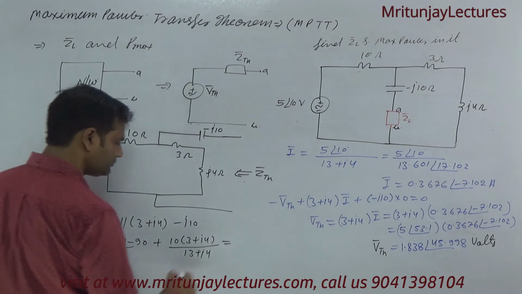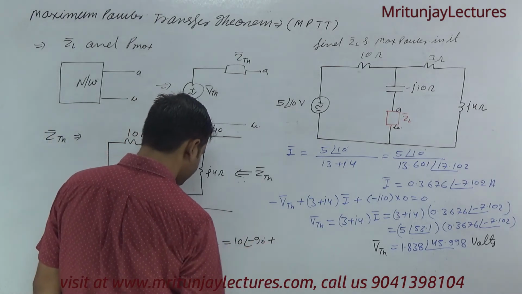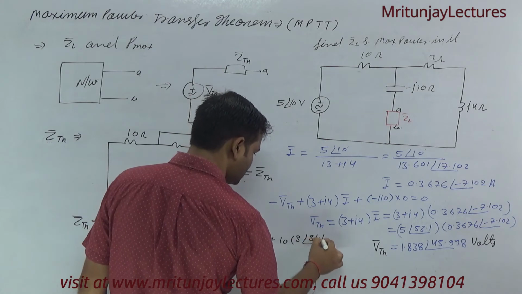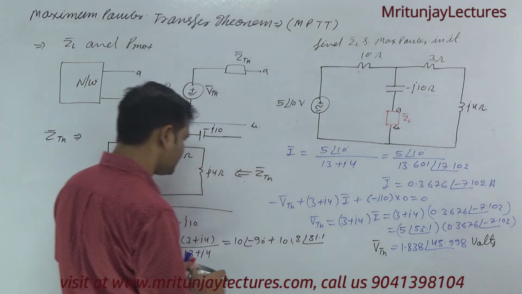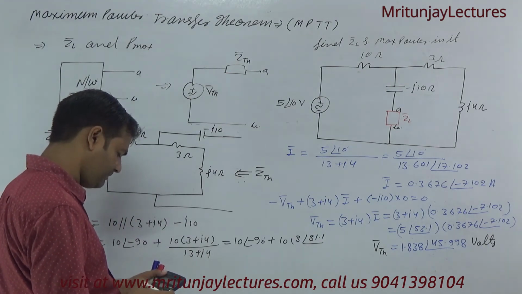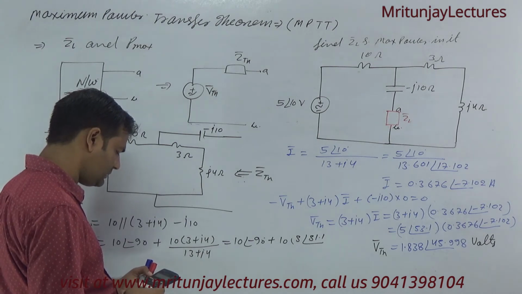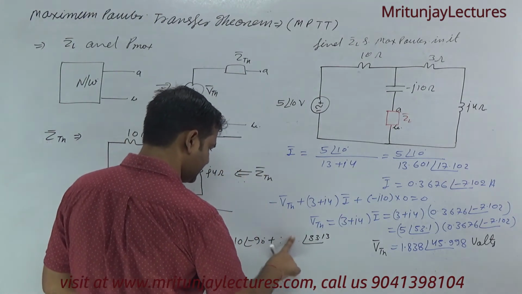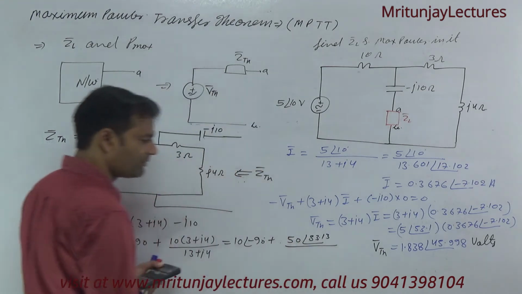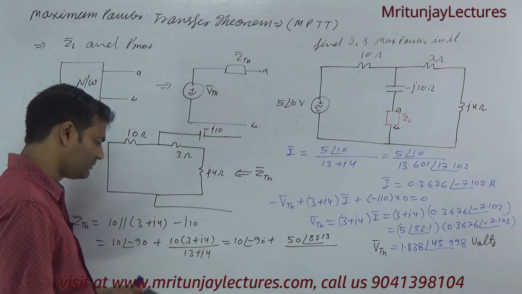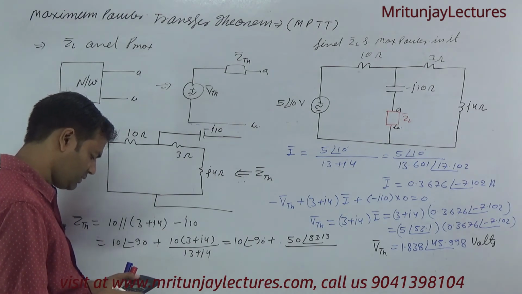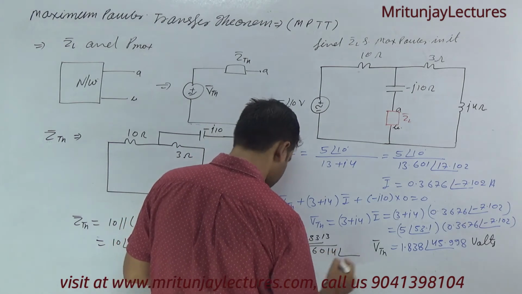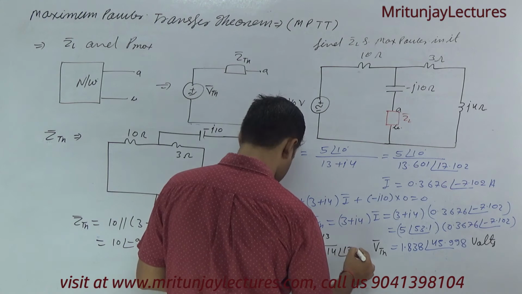Now 3 plus j4 is written as 5 at the angle 53.13, so it is 50 at the angle 53.13, divided by 13 plus j4, which is 13.6014 at the angle 17.107.